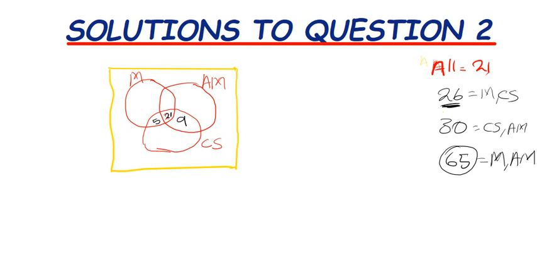So you have a 44 there. Now let's not forget that this is the universal set, symbolized by U.